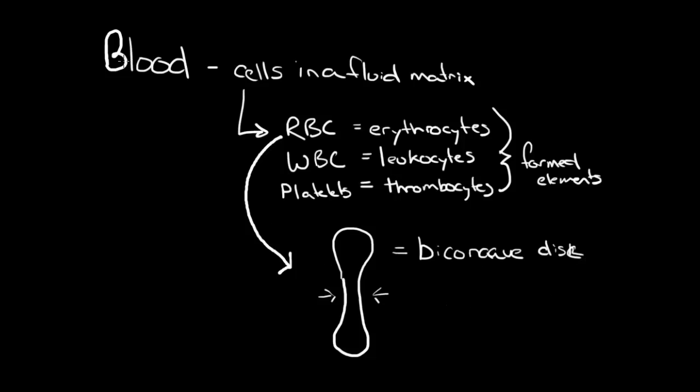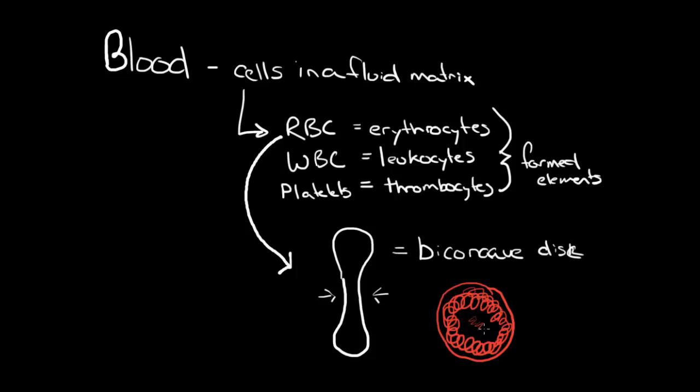Now, if we looked at this like we're taking that cell and just putting it flat on a surface, the outside is the thicker part, right? And that takes up stain more readily, and that's why it's a little darker around the outside.